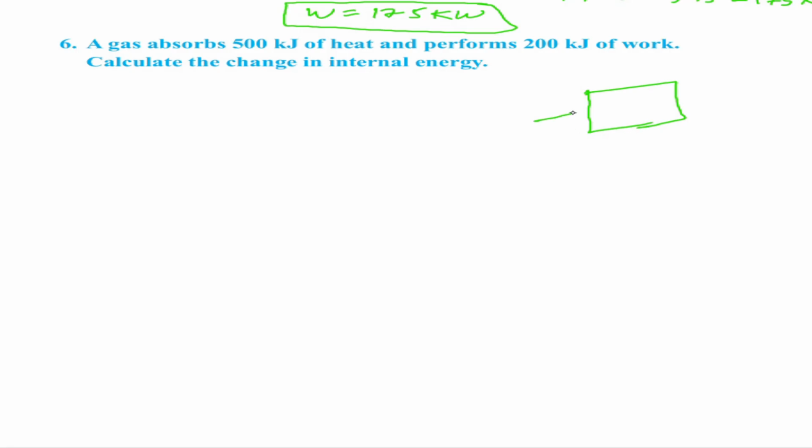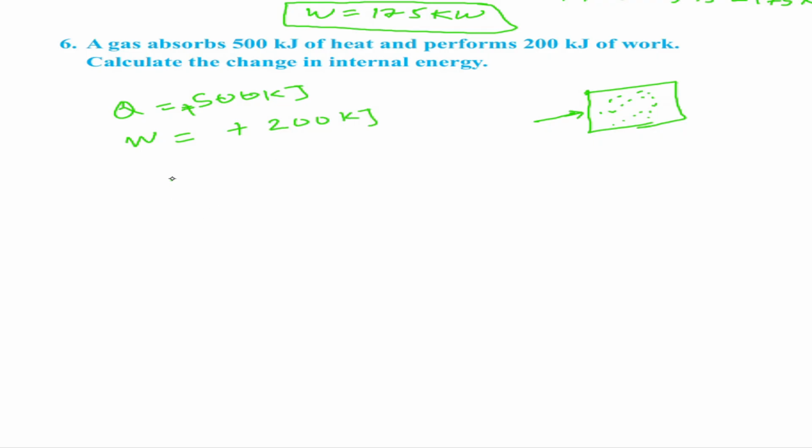Absorb means heat is going into the system, given as 500 kilojoule. And performed work of 200 kilojoule. Perform means work done, so Q is positive and W is also positive. This is 200 kilojoule.